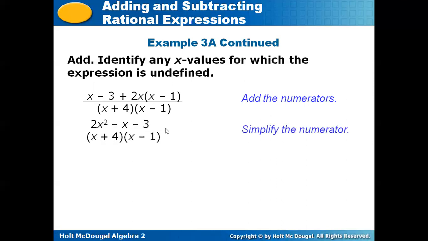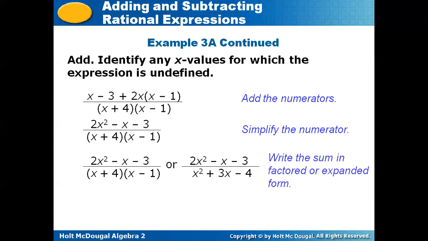Simplifying the numerator, that would be 2x squared minus x minus 3 over x plus 4 times x minus 1. Rewriting this in factored or expanded form, that could be 2x squared minus x minus 3 over x plus 4 times x minus 1, or you could have 2x squared minus x minus 3 over x squared plus 3x minus 4.